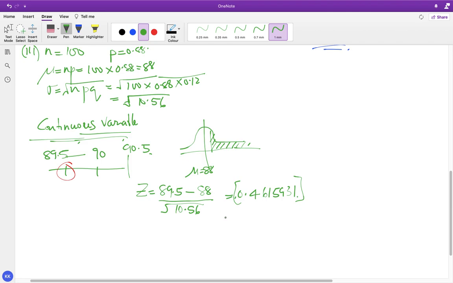We have to find phi of 0.4615931 to find the area, which gives the probability. Let's use MF19. It's 0.6779.